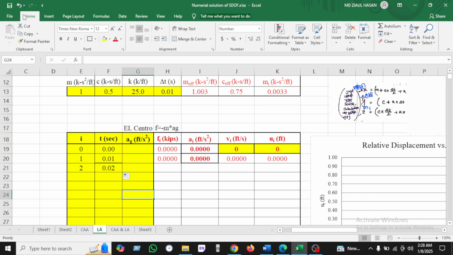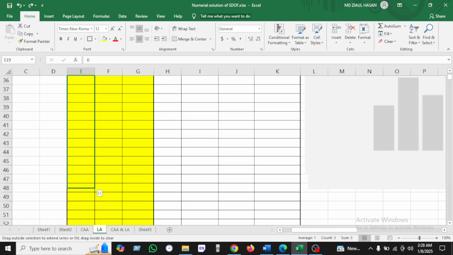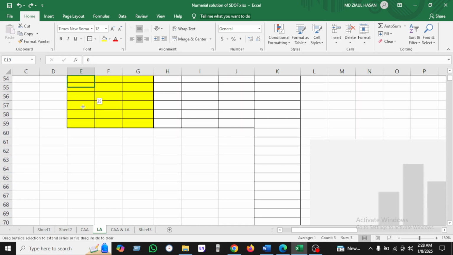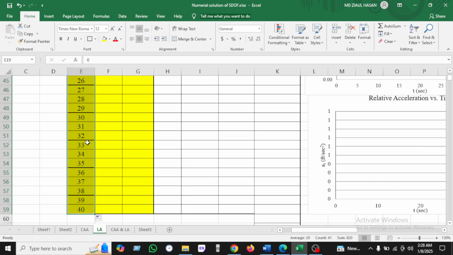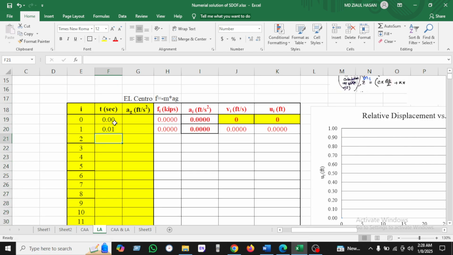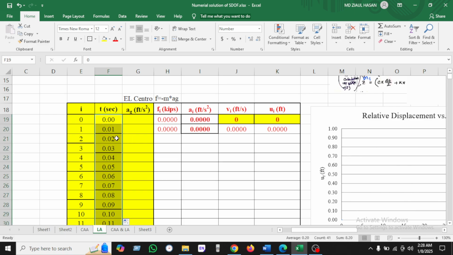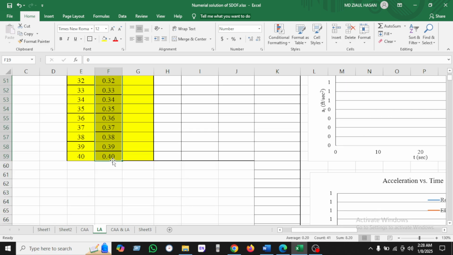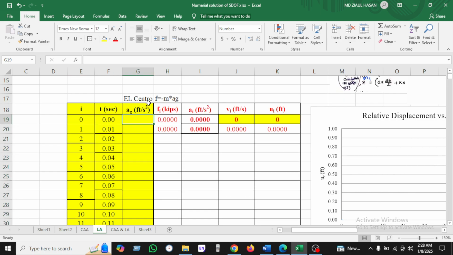I have just dragged this, and this is a 40 step. How many steps we will take I don't know, it is calculating 40 steps only.